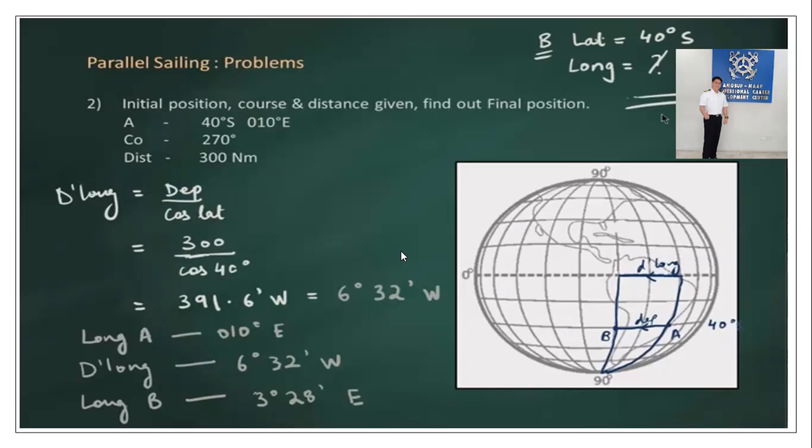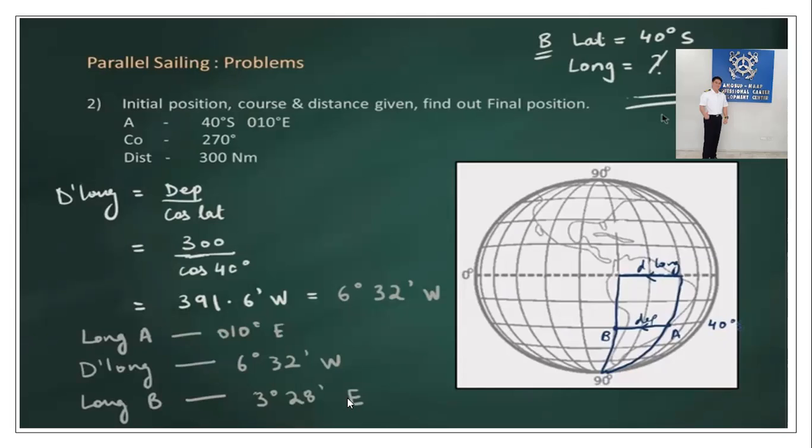Now let me add these two. We already have our d long, and the longitude of departure is also given. So longitude A is 10 degrees east. Then we just subtract 6 degrees 32 minutes west, and it will become 3 degrees 28 minutes east.